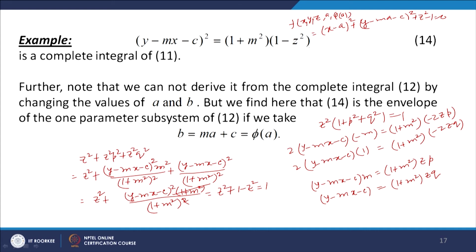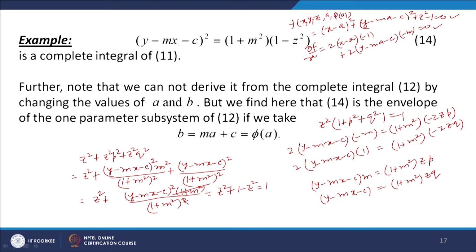When we differentiate it with respect to a, we get 2 times x minus a into minus 1 plus 2 times y minus ma minus c into minus m equal to 0. Now, we can eliminate a between this equation and this equation, x minus a whole square plus y minus ma minus c whole square plus z square minus 1 equal to 0.